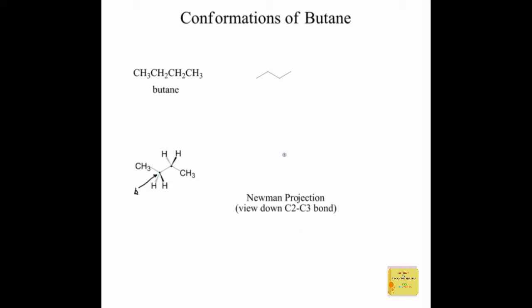We see a methyl group pointing straight up, and we have hydrogens down to the right and left. And what do we see on the back carbon? We see a methyl group going straight down. So this line now is drawn from the circle because the circle represents the back carbon. And then we have a hydrogen up to the right and up and to the left. So this is a Newman projection of butane.